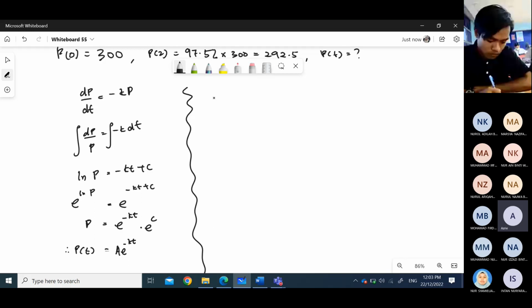Substitute negative 2K equivalent with 292.5.